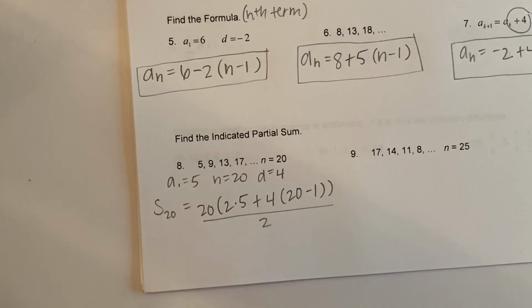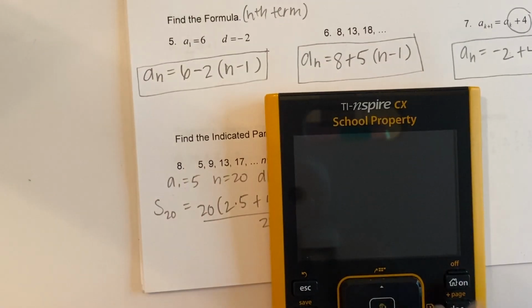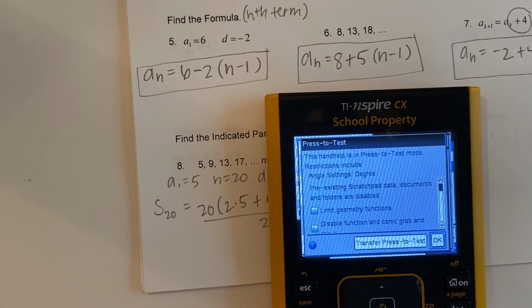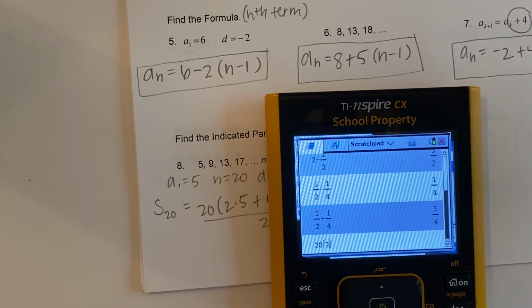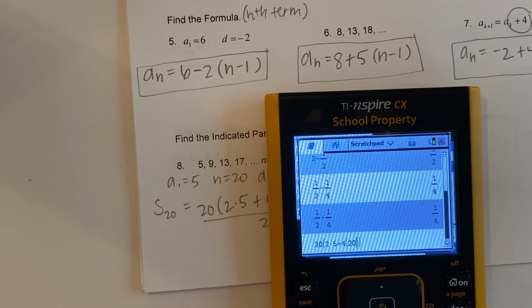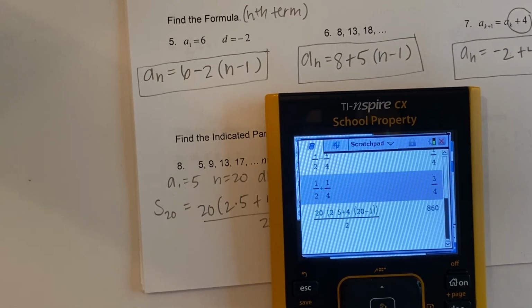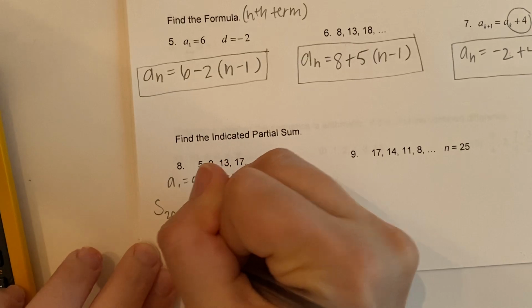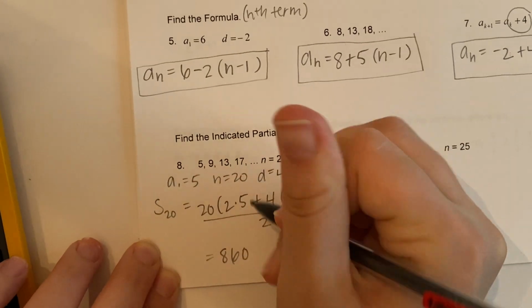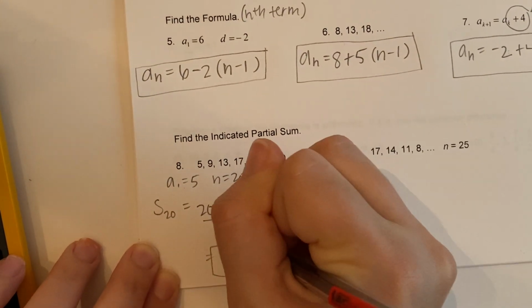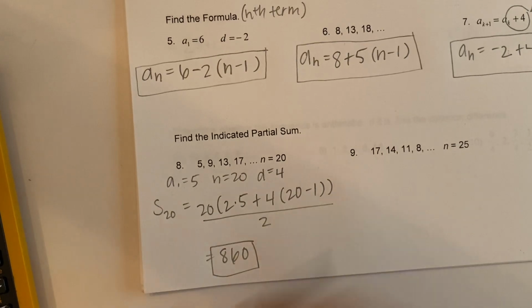I'm just going to type this in my calculator. That's 20, 2 times 5 plus 4 times 20 minus 1, all over 2. That's 860. So the sum of the first 20 terms in this sequence is 860.